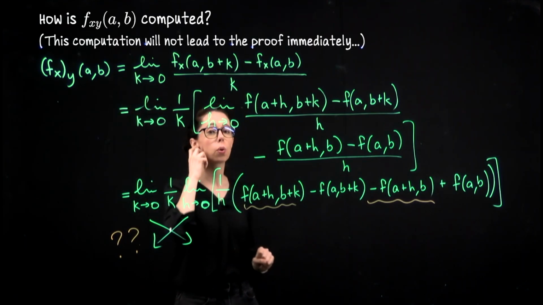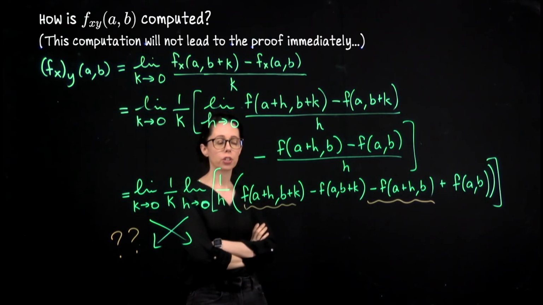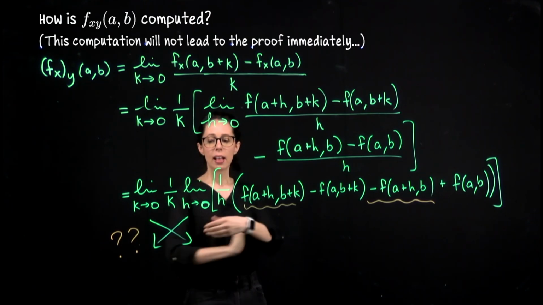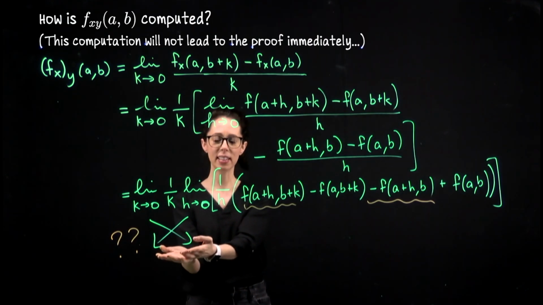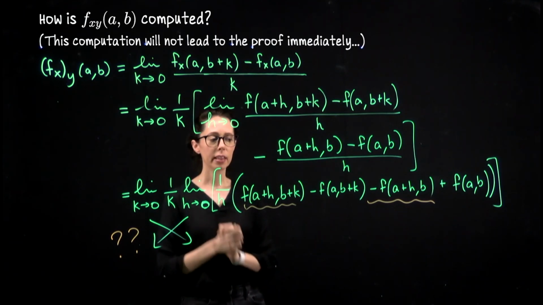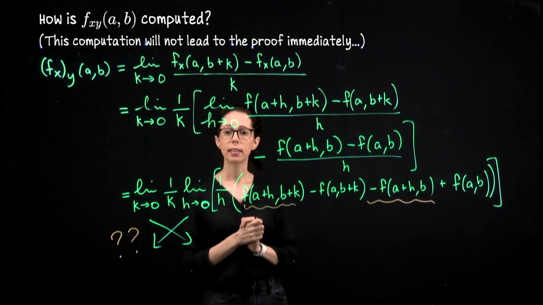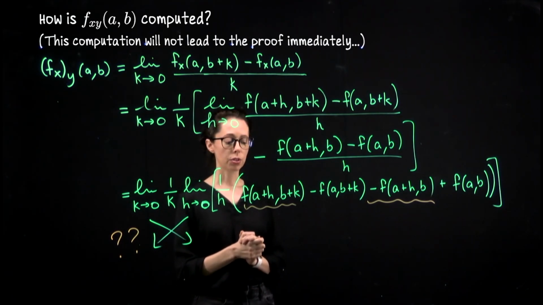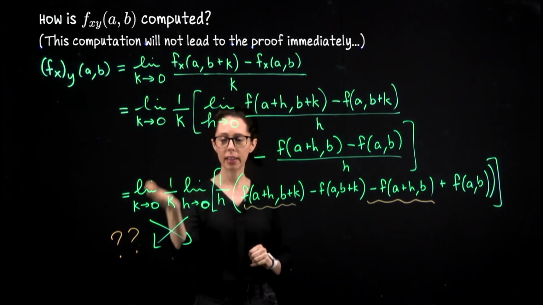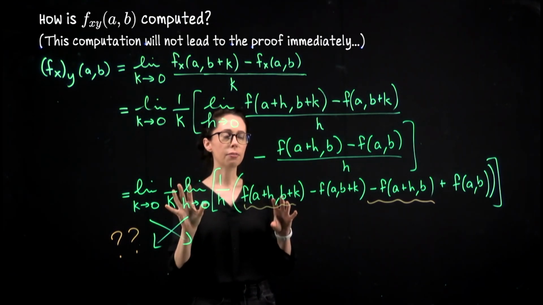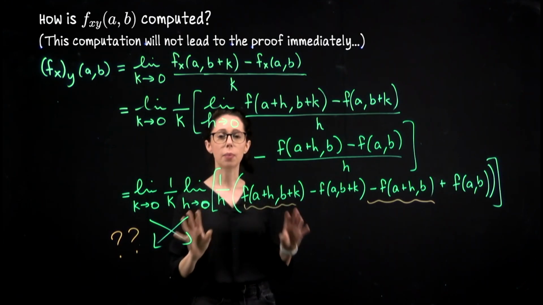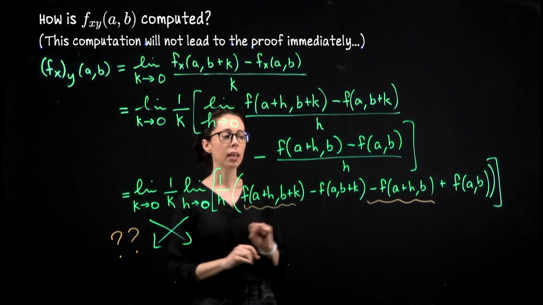So you would switch the order of the mixed second partial derivative there. I think this needs to be done very carefully. Limiting actions do not necessarily commute. This is two iterated limits. You cannot freely interchange limiting operations in mathematics.